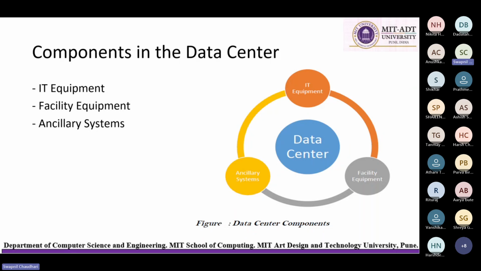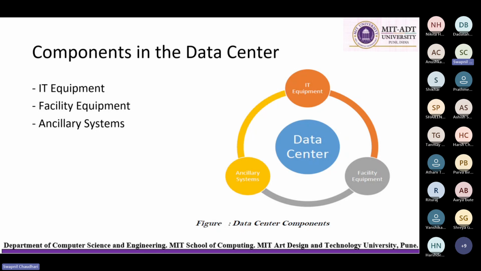Facility equipment generally includes the power system, which comprises the UPS and diesel generators. Next is the cooling system. Also we have racks and cabling, and the physical building infrastructure.